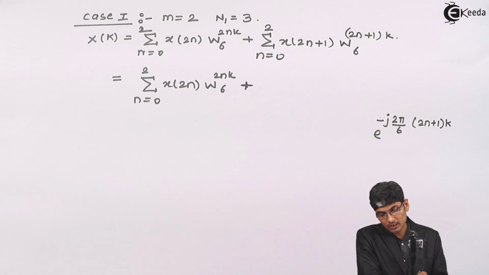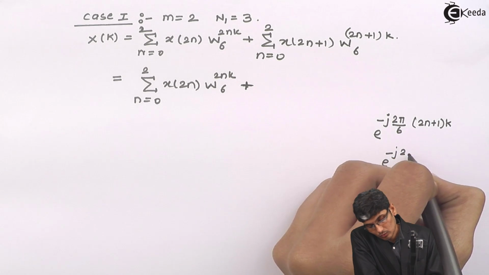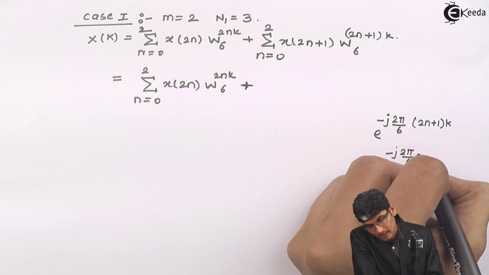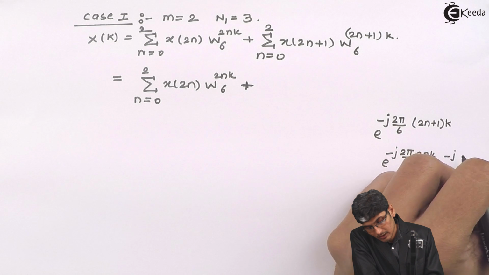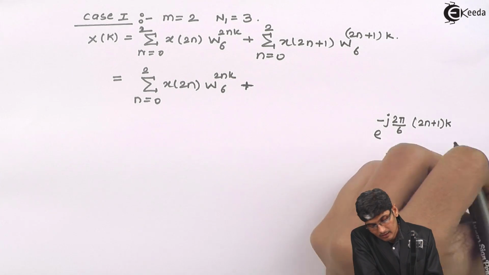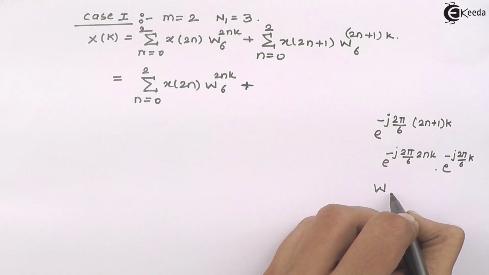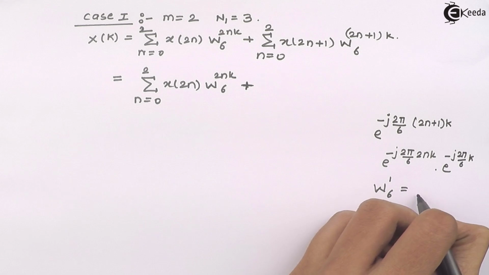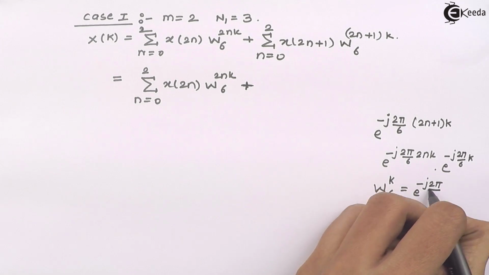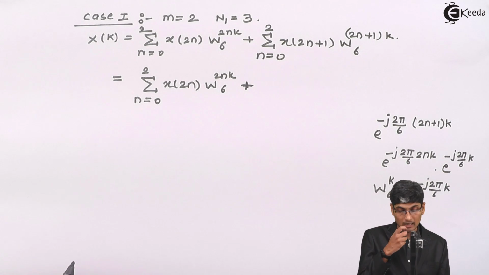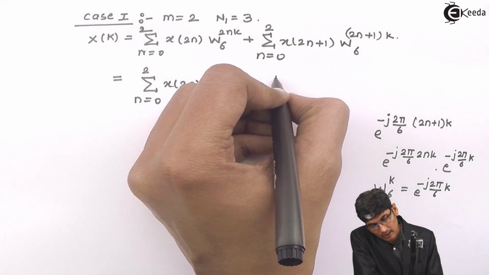Now, if you see this value, we can split this value as e raised to minus j 2 pi by 6 into 2nk into e raised to minus j 2 pi by 6 into k. And we know that w 6 raised to k is nothing but e raised to minus j 2 pi by 6 k. Right. So I can split this value into two sub values. So we will do that.